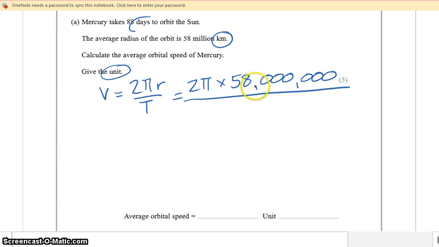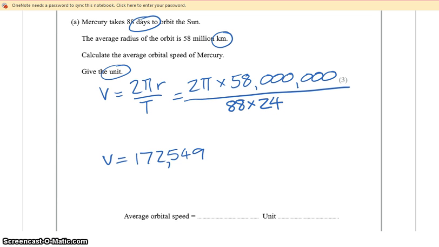Now that's given in days, and actually if you work it out in kilometers per day they don't penalise you, but kilometers per hour is a more normal unit to use, and that's the one that I'm going to work out. So to turn the days into hours, I've got to multiply by 24.